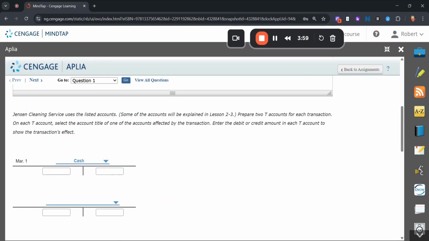So remember with 2-1, the increases for an asset go on the left side. So we're going to put $4,000 here. We don't need the dollar sign because this is the side where the increase is at. Remember, the debit and credit is always going to be the same. And the increases in asset goes on the debit side.